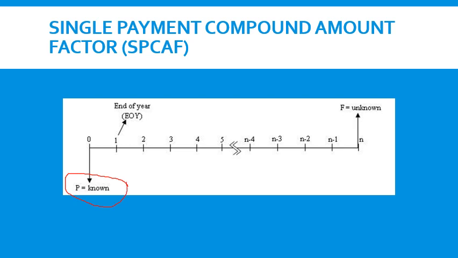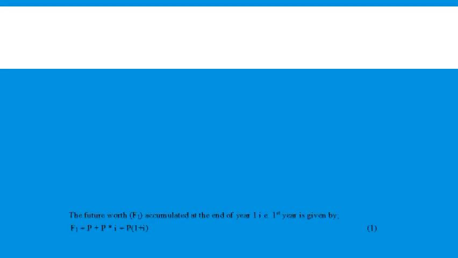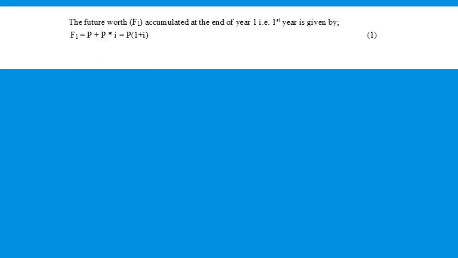Today I am paying an amount of P. After n number of years I need to get F. In this case, P is known to me, F is not known to me. My intention is to derive a relationship between P and F.